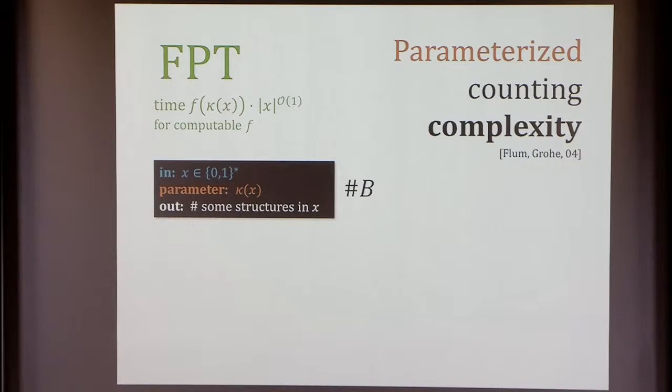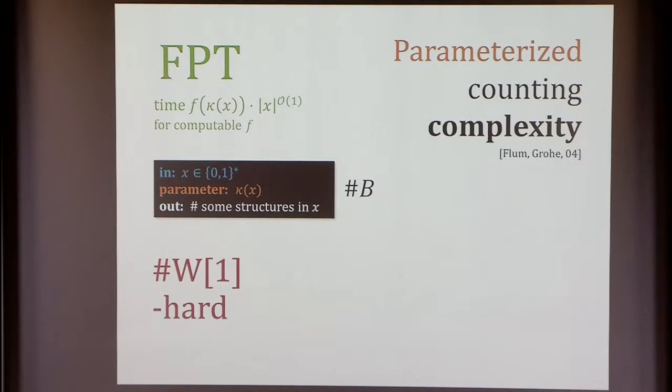So in parameterized counting complexity, again, the easy cases, which correspond to polynomial time from our classical setting, are FPT, and the hard cases are #W[1]-hard. So #W[1]-hardness is the analogue of #P-hardness.